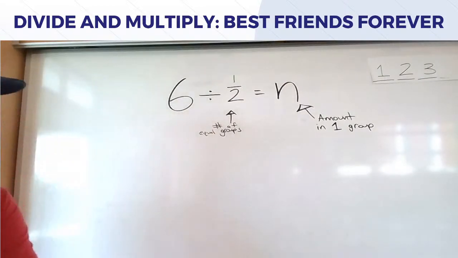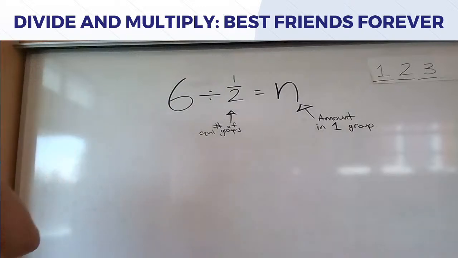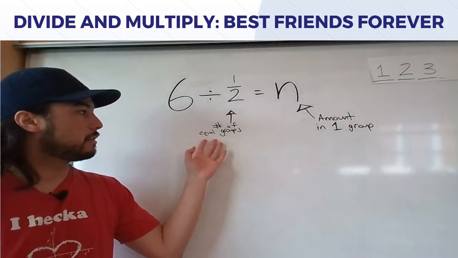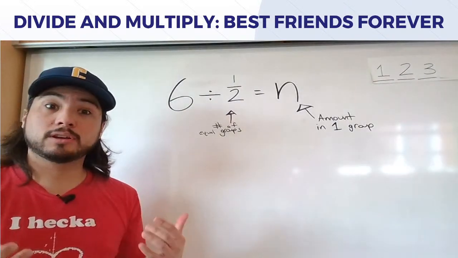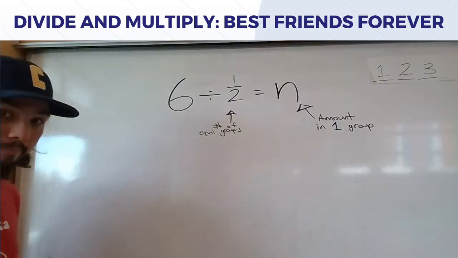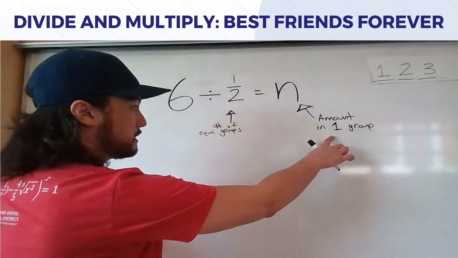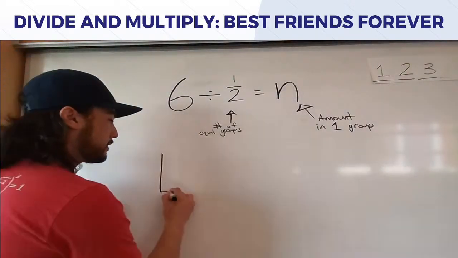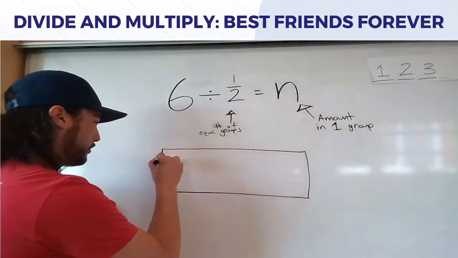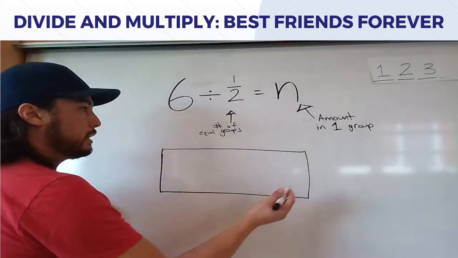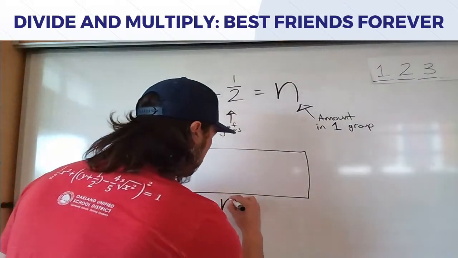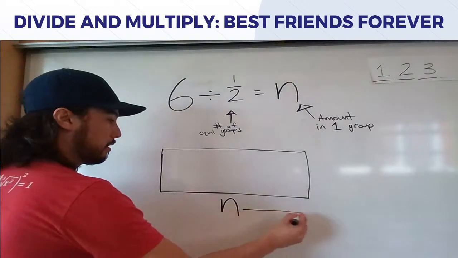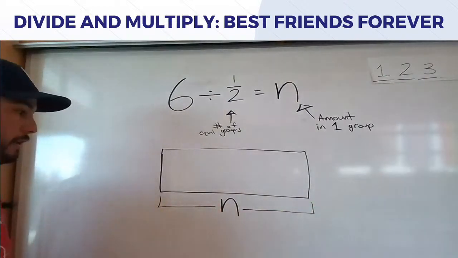In this case, we're still taking our 6 things and putting them into equal groups, except we're putting our 6 into 1/2. And this is still how much would 1 whole be. So this is where our fraction bars come in, and this is what you're going to see today on your exit ticket. So really, the whole thing, that's our n.